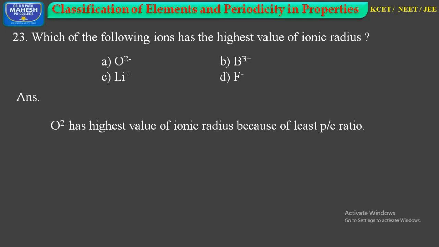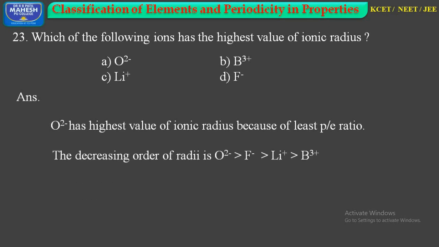So students, P is to E ratio of oxide anion is the least value, and also the decreasing order of ionic radii is oxide anion with the highest ionic radius, and the next one is the fluoride anion, and next to it is the lithium cation, and the least ionic radius is in boron cation.